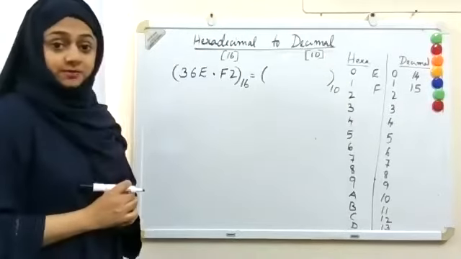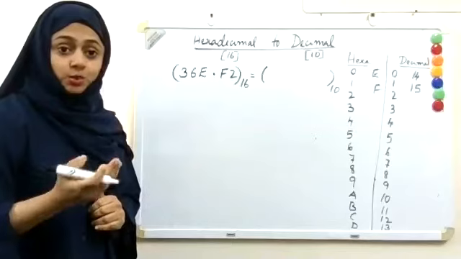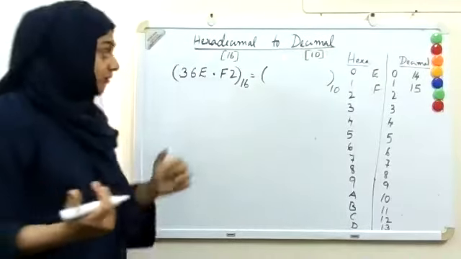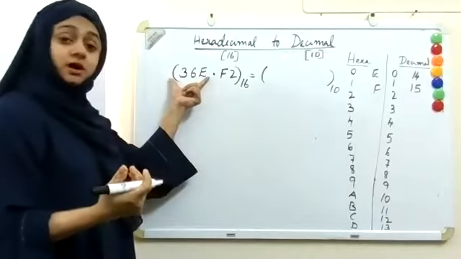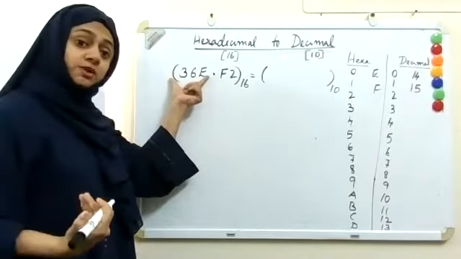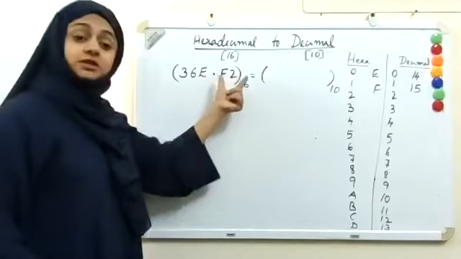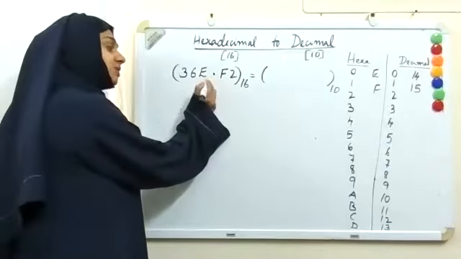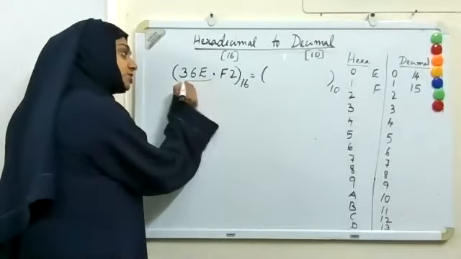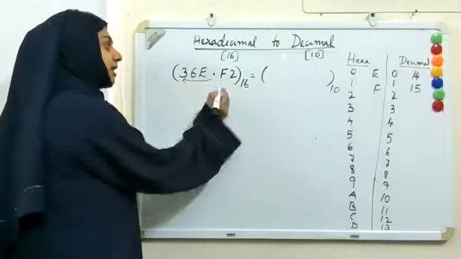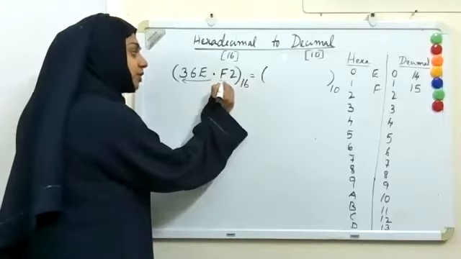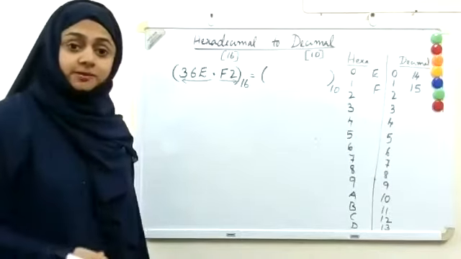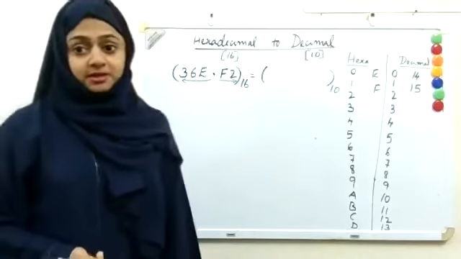That is our question. You remember how we converted binary and octal numbers to decimal? We have to take the part before the decimal point and the part after the decimal point separately. When we take the part before the decimal point, we have to start from this place here, and when we take the part after the decimal point, you have to go in this direction.